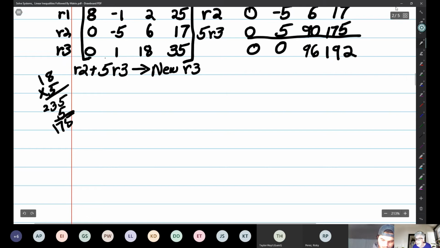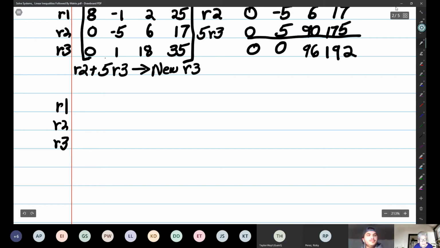Let me get rid of these calculations and pretend I always knew it in my head. No, actually, I just need more room. So row 1, row 2, row 3, I will have 0, 0, 96, and 192.